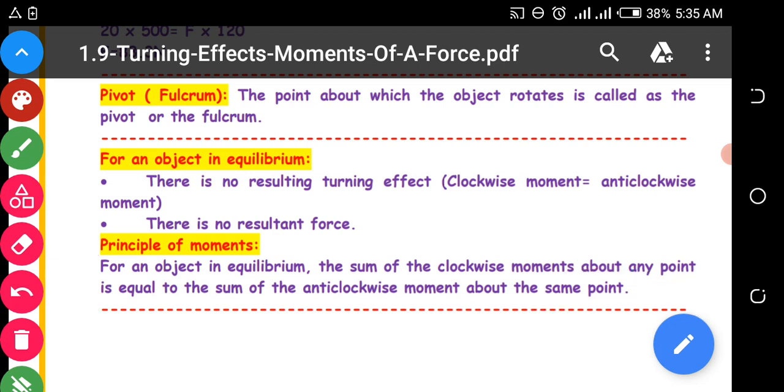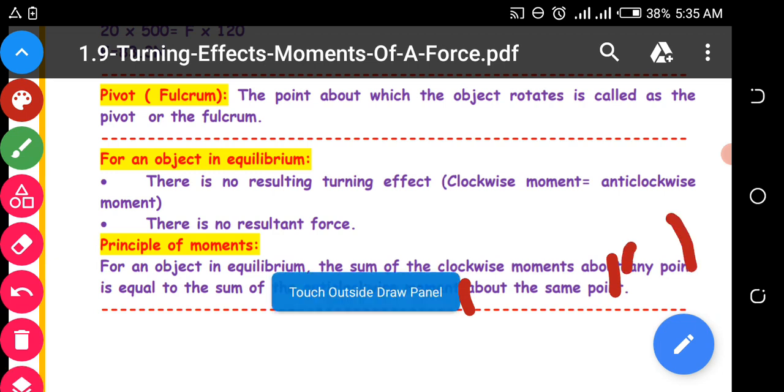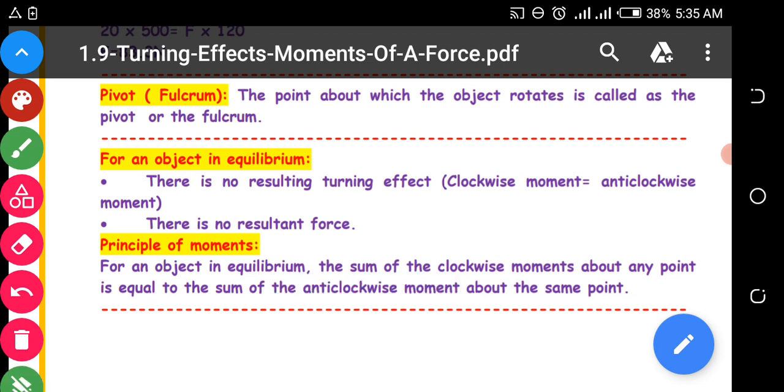So don't worry about this statement talking about any point and the same point. This point is simply the pivot or the fulcrum. In other words, you can state it as: for an object in equilibrium, the sum of the clockwise moments about any pivot is equal to the sum of the anticlockwise moments about the same pivot.